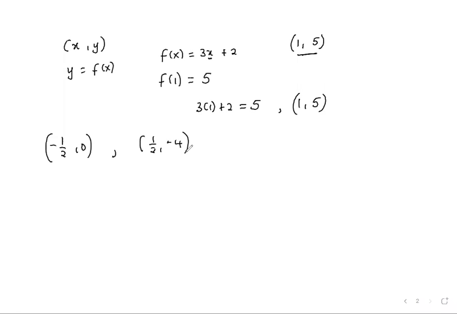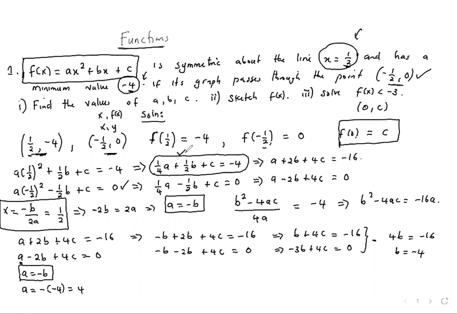Shouldn't it be 4AC minus B squared over 4A? This one. And we haven't even used this equation. I can remove it here. Okay, sir.